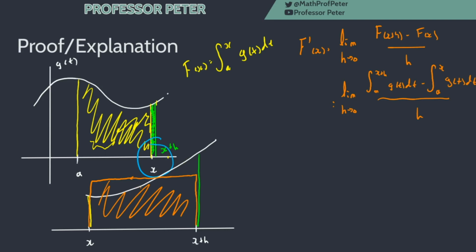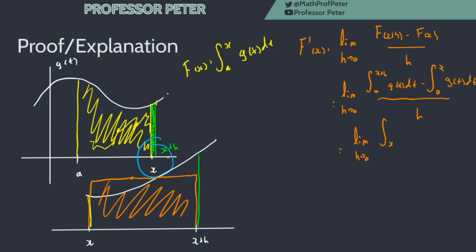The mean value theorem of integrals says that we can always find a rectangle that will do this. So let's just pretend that I picked it perfectly where these areas do match up.